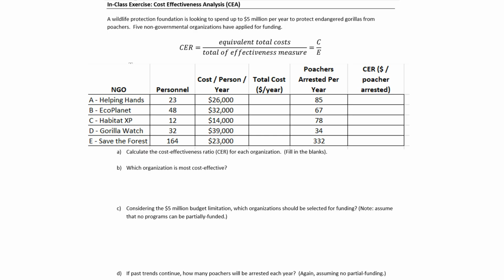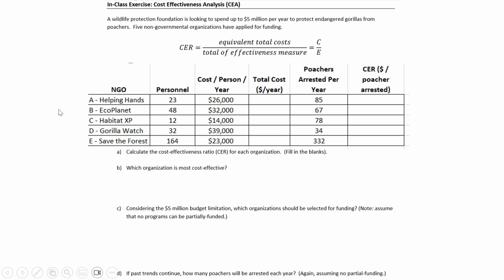So we'll do the same thing as before, where we'll calculate their costs, and then we're going to calculate how much money is spent by each organization for each poacher that they arrest, because that's what these different organizations do, apparently, is they send people in to police different wildlife areas with endangered gorillas, and they're trying to arrest poachers.